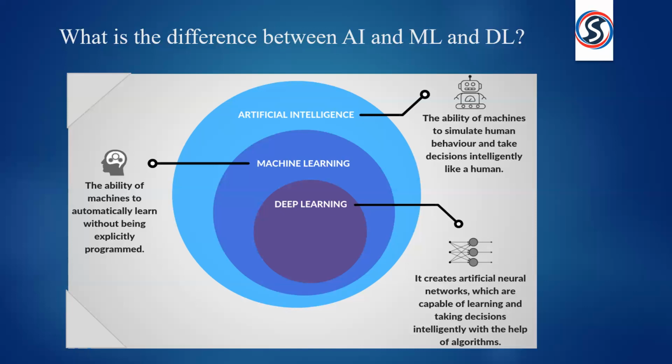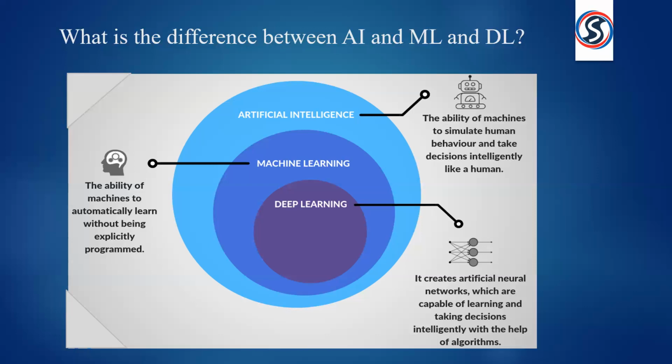According to what we have done in the past, what changes will I make in the present so that my future outcome will be much better? This is machine learning: without being explicitly programmed, the machines are able to learn automatically.